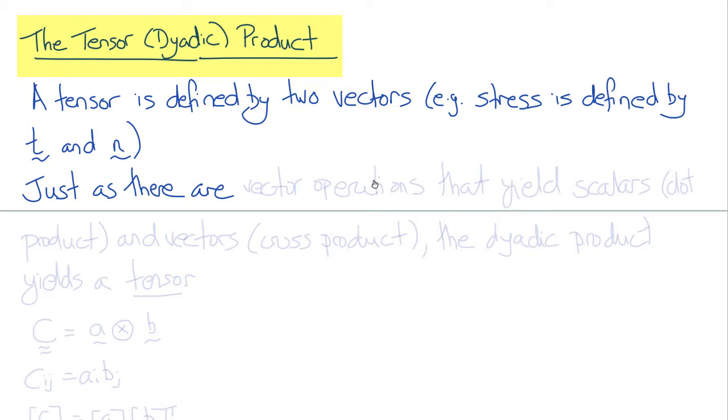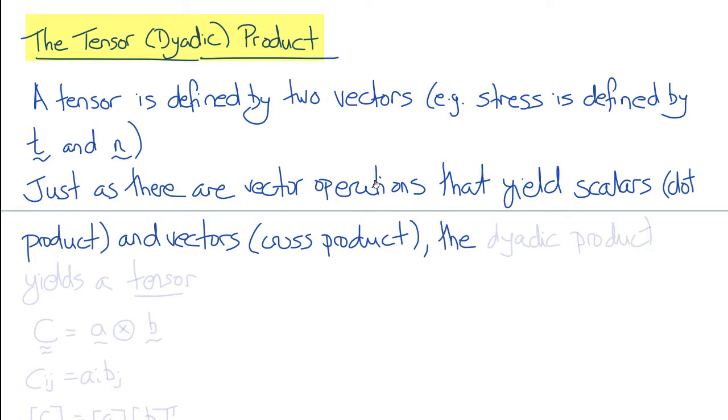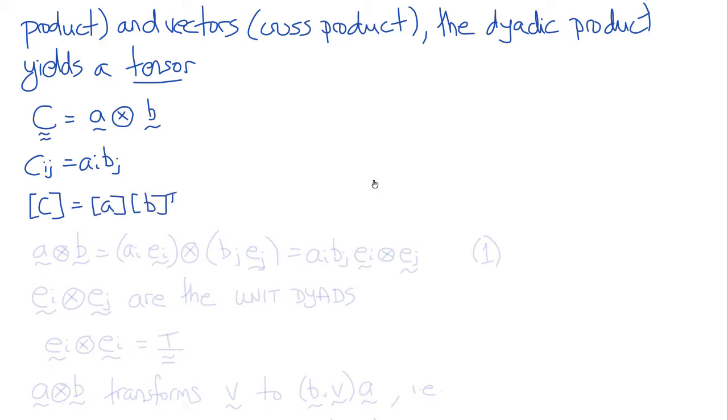And just as there are vector operations between two vectors that yield scalars, in the case of the dot product, or vectors in the case of the cross product, the dyadic product yields a tensor. So here the tensor C, the rank 2 tensor C, is equal to the dyadic product of the vector A, dyadic B. In index notation, this would be Cij equals Ai Bj, or in matrix notation, C equals A times B transpose.